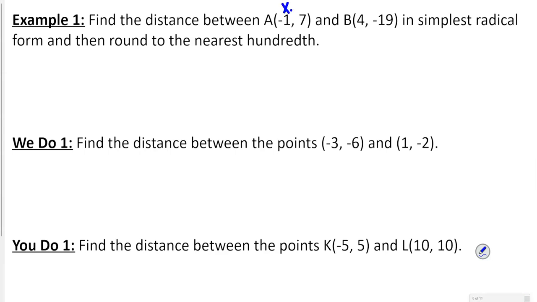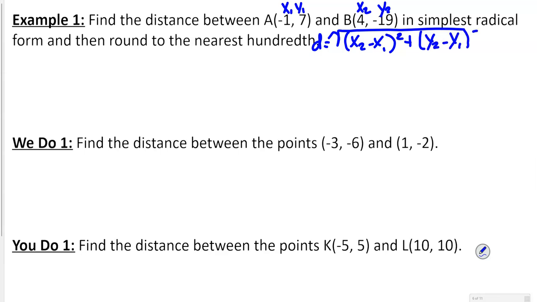So again, we're going to go x1, y1, x2, y2, right? Remember, our distance formula is equal to x2 minus x1 squared plus y2 minus y1 squared, right? So we're going to put these things under the radical here. And again, we're looking at the length of AB, right? So that's going to be 4 minus a minus 1.